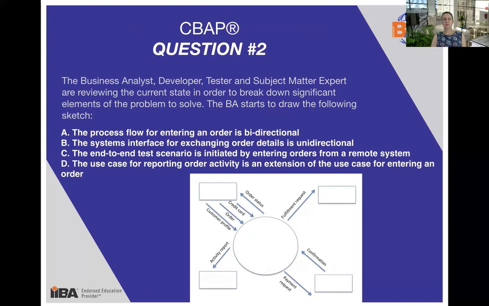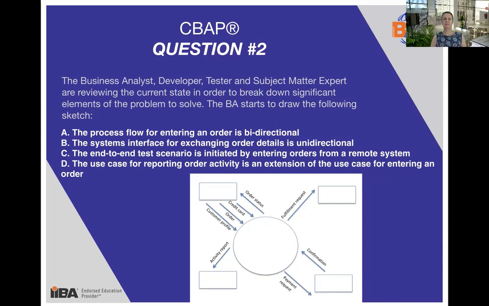So the question here is you need to choose which one of these options represents the reason, and what is the BA trying to express with this diagram. First of all, A, the process flow for entering an order is bidirectional. So is that the point he's making?